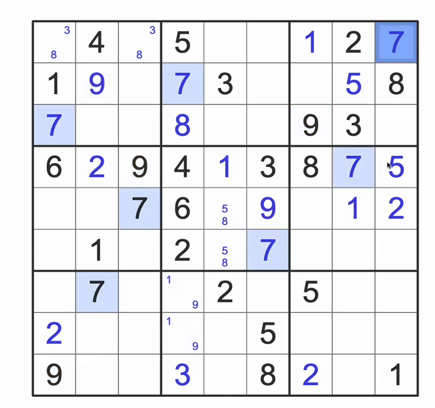Oh, okay. 7 and 7 here block these. So 7 comes here, which blocks this cell. This 7 blocks here. So 7 comes in here.